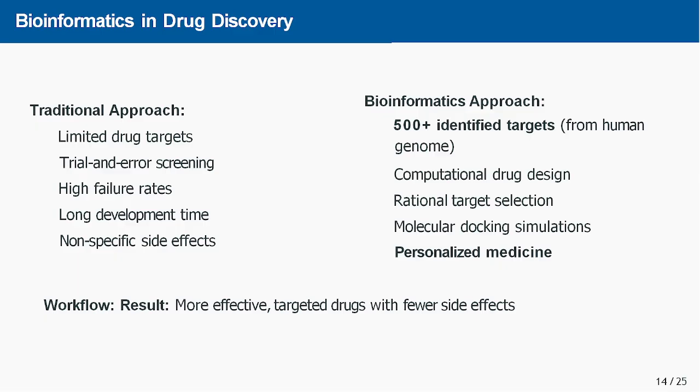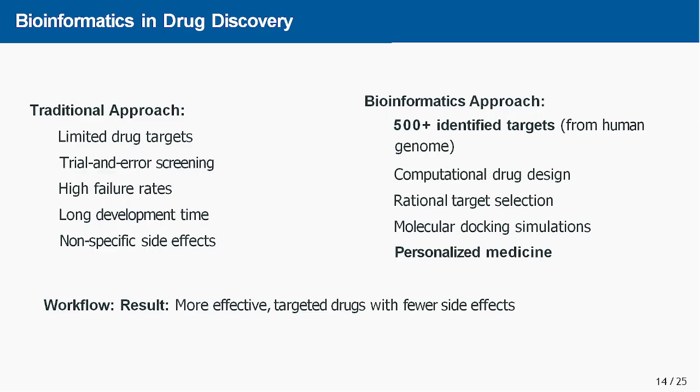Now, bioinformatics in drug discovery, as we have seen, is one application. In the traditional approach there are limited drug targets and trial and error screening in human beings. We don't know which dose will be appropriate for a particular person, so on a trial and error basis we try to suppress the disease.